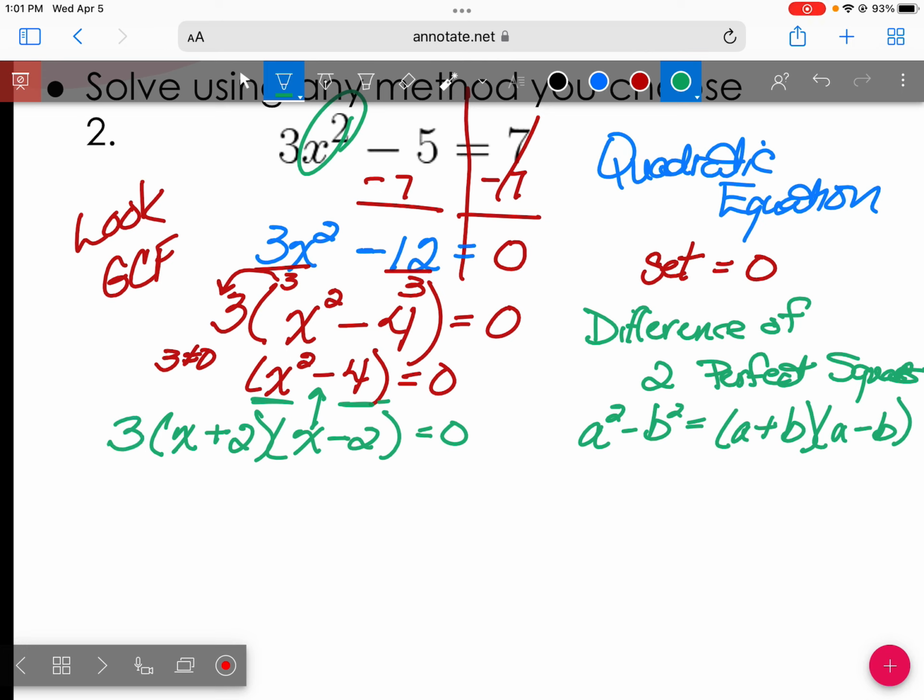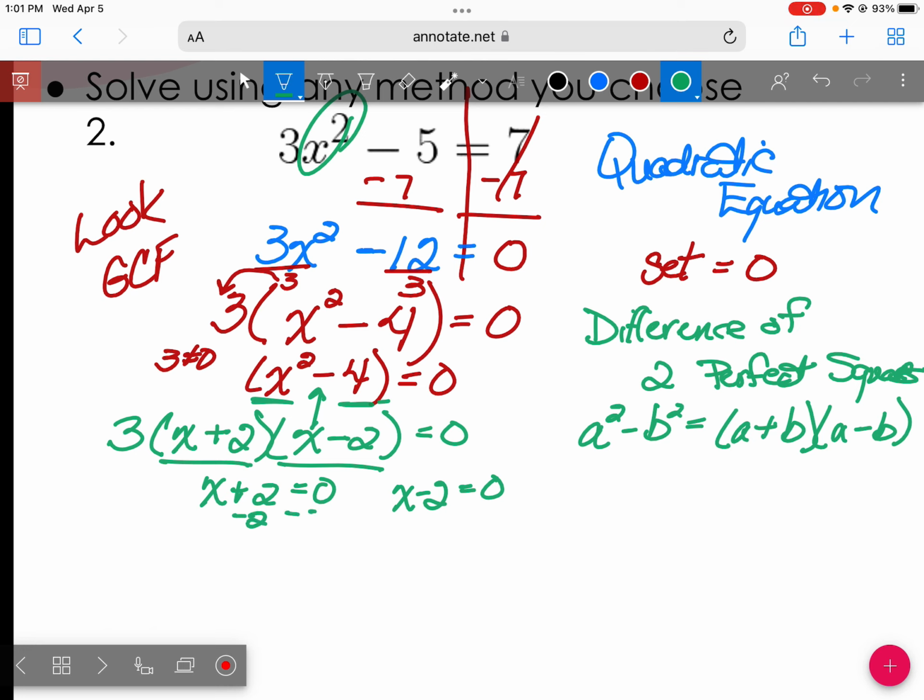Now, if we were talking about factored form, yes, I'd have to fill in that 3 out front. But now I'm saying 3 times this term equals 0. Well, we don't know which one might be 0 at what time, so I need to set both of those equal to 0. There's my first term equal to 0. Here's my second term equal to 0.